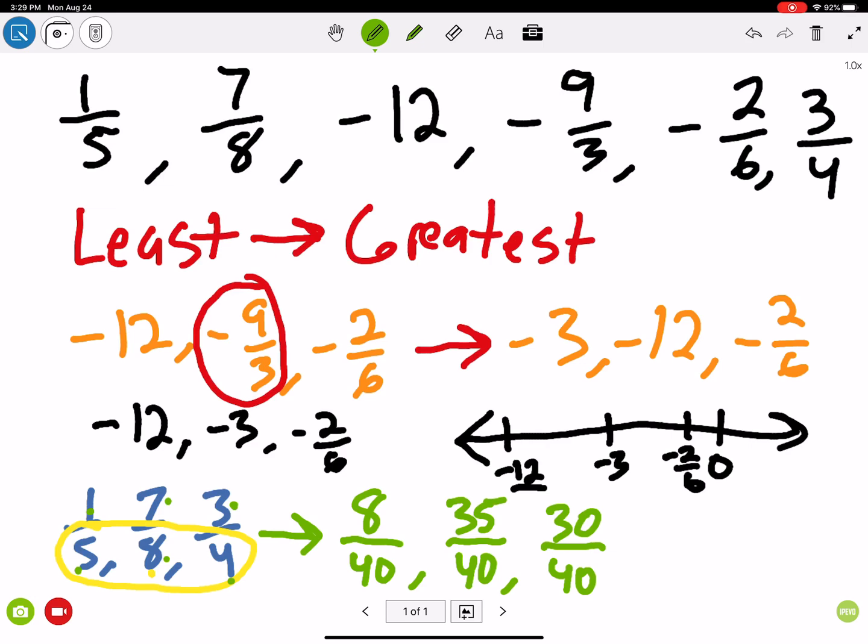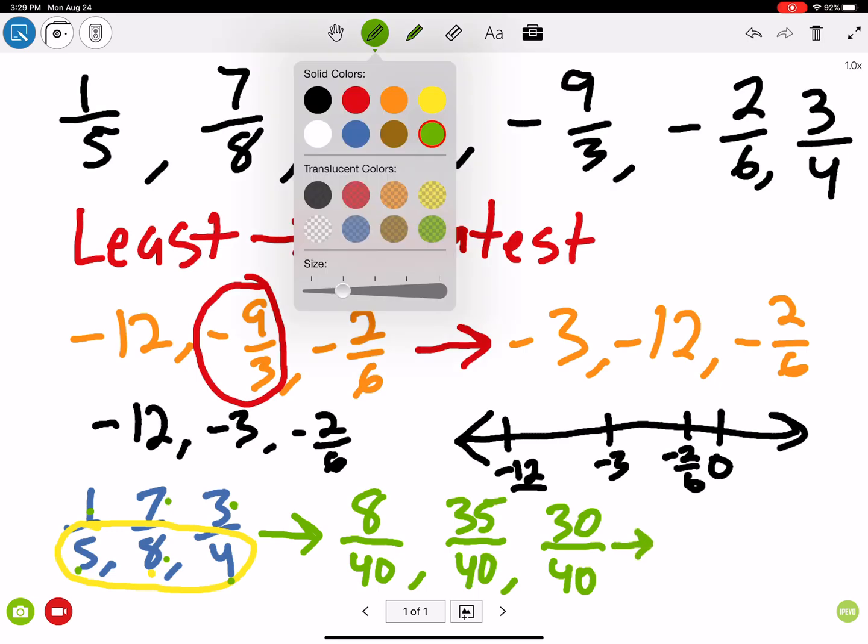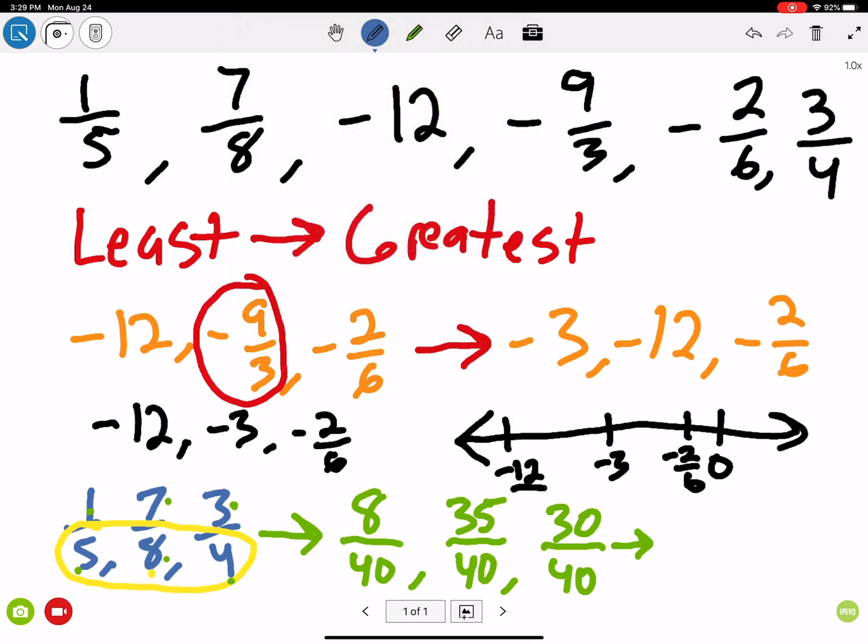Now it's really easy. In fact, all I have to do is switch the 35 over 40 and the 30 over 40. And to put this in order, this now becomes, let's go with blue again, 8 over 40, 30 over 40, and 35 over 40.